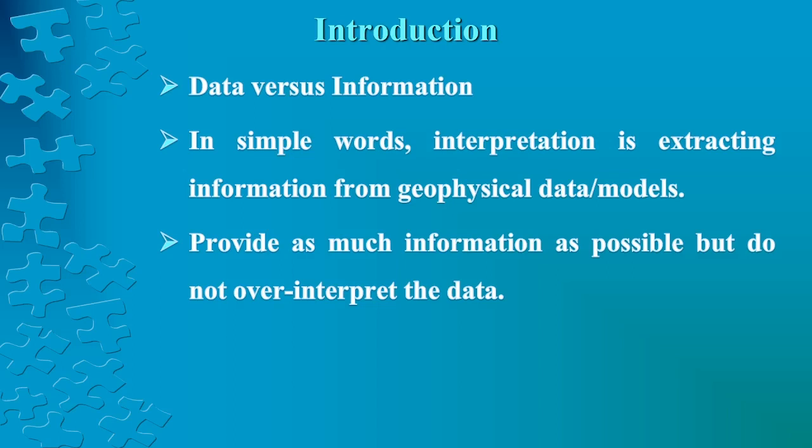A better version of the interpretation, an example I just mentioned, would be probably like this. A high resistivity feature is characterized at 300 meters from the beginning of the profile, that it stretches to the north of the profile, to the end of the profile, and its resistivity is more than 200 ohm meters, and this feature has a dip of about 20 degrees towards the north, and is expected to be the response of the sand layer of the Quaternary period.